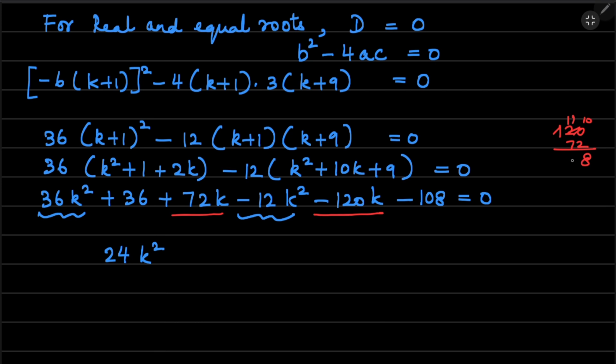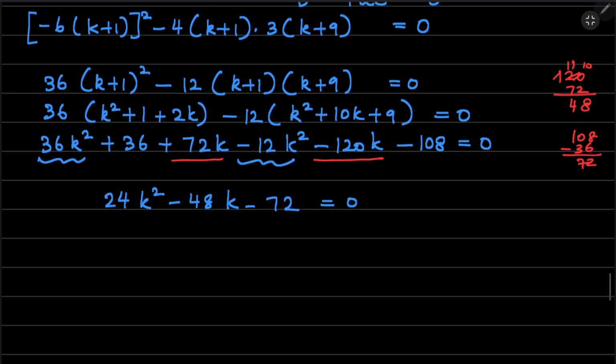So it's nothing but 72 minus 120 is minus 48k. And then you have to subtract 108 minus 36. So you have 72 minus 72. Right? Minus 72 equal to 0.